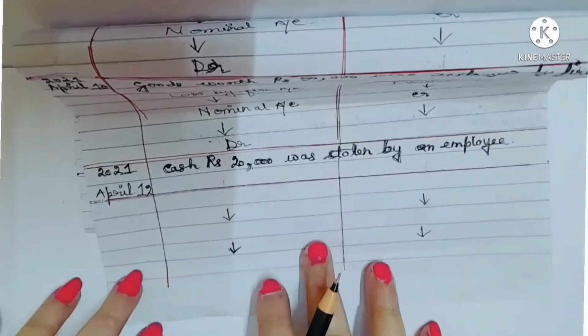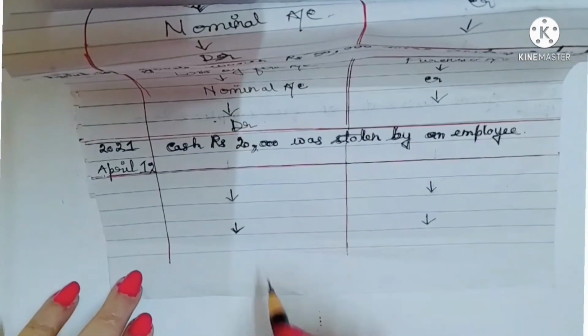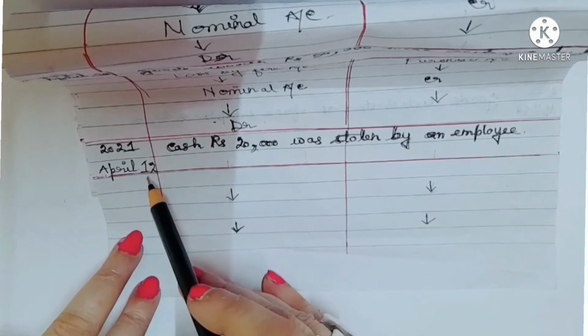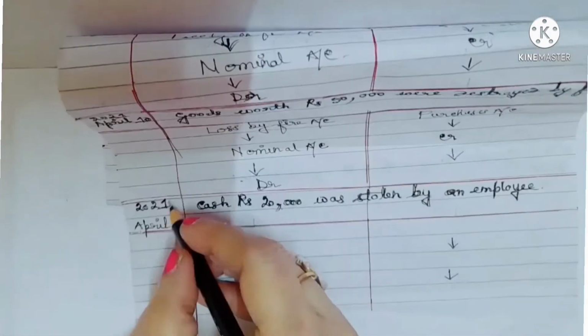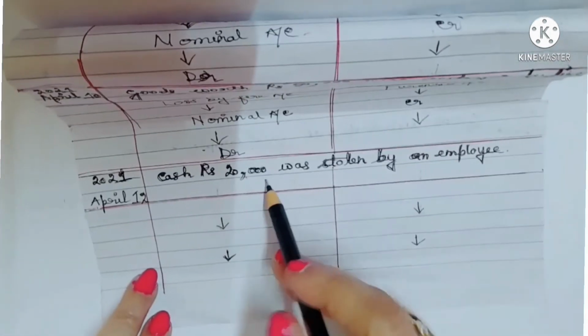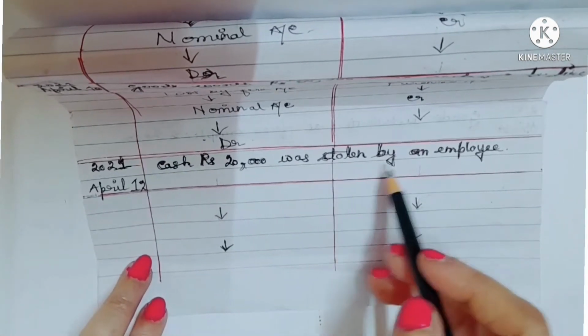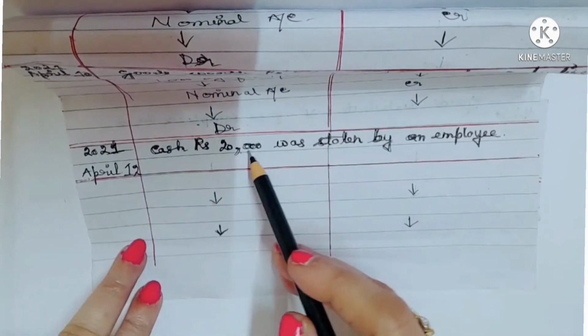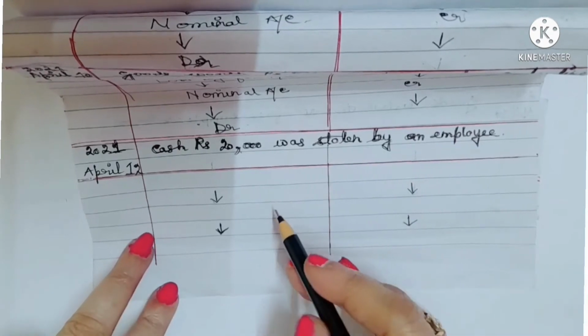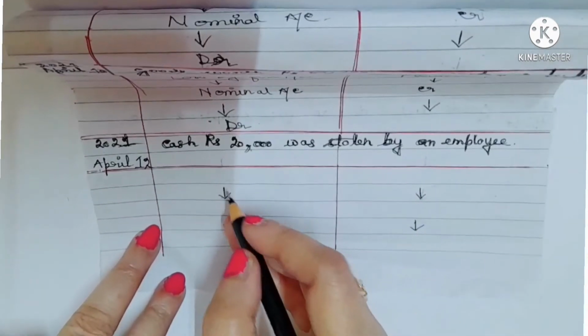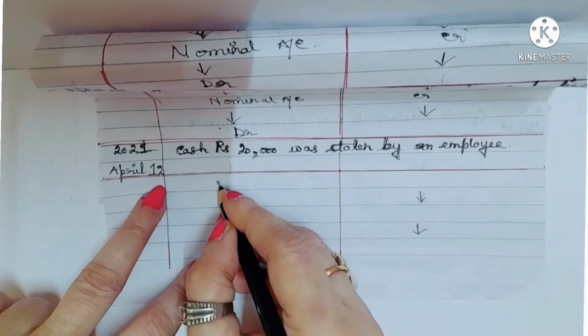Fifth transaction is on 12th April 2022, cash rupees 20,000 was stolen by an employee. First, what are the two accounts you have to identify?